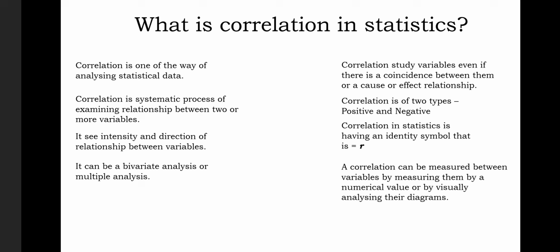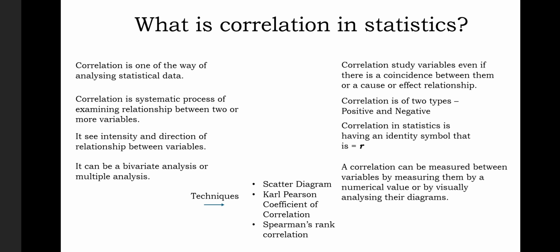These are called techniques of measuring correlation. Correlation can be measured with these three very basic techniques. One is a diagram called a scatter diagram. Then we have the Karl Pearson coefficient of correlation, which is a numerical value, and the Spearman rank correlation, which is also a numerical value.